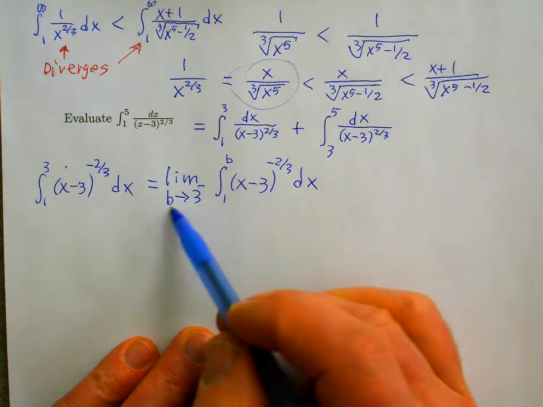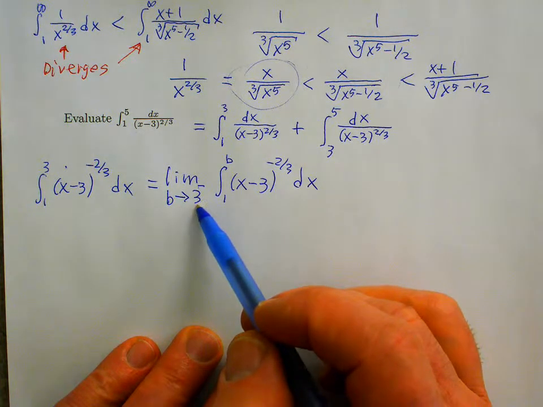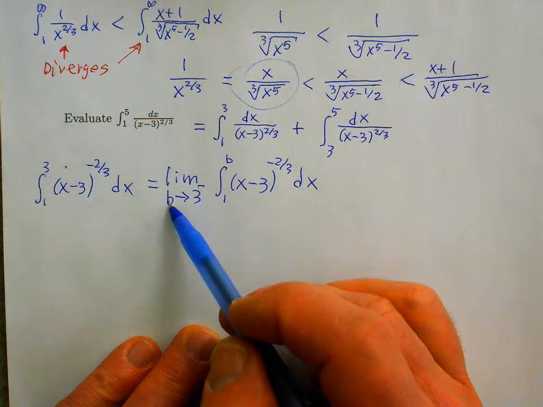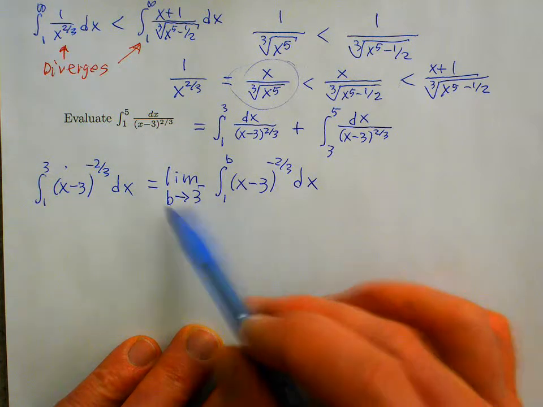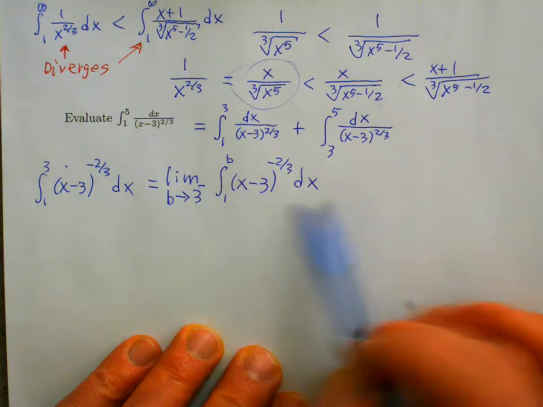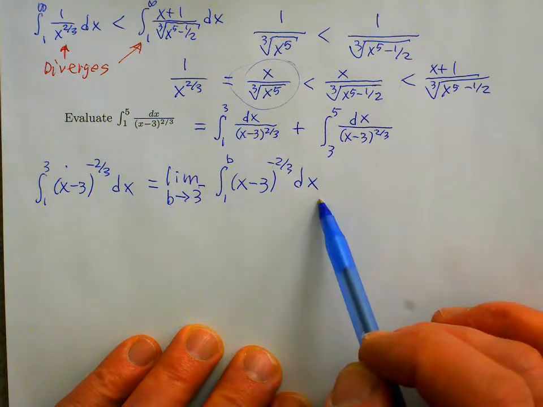Since b is approaching 3 from below without actually equaling 3, this is a valid improper integral.